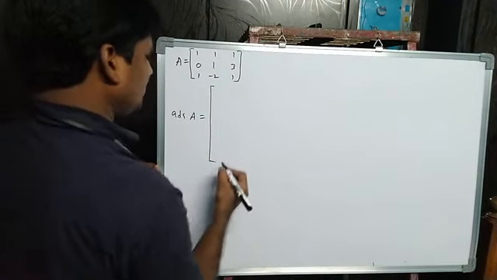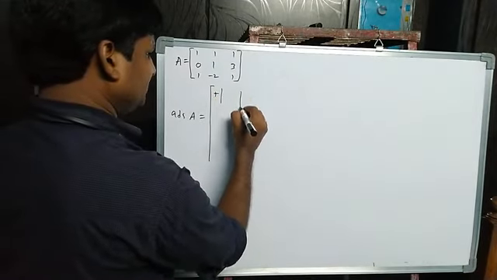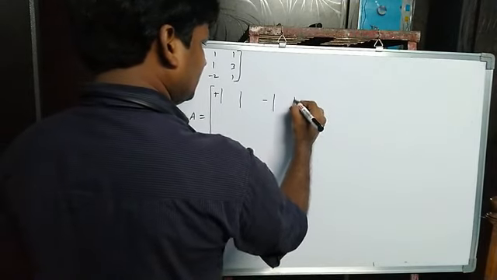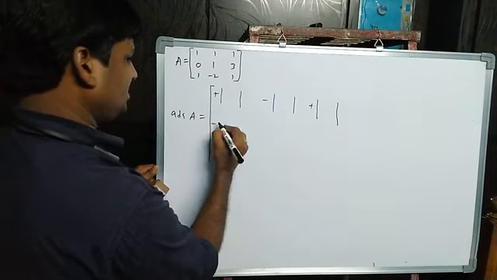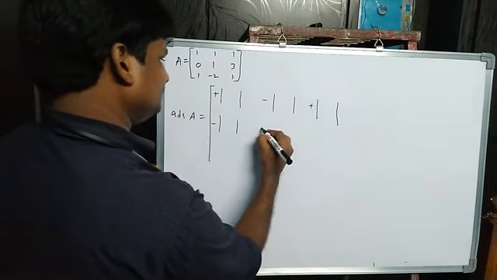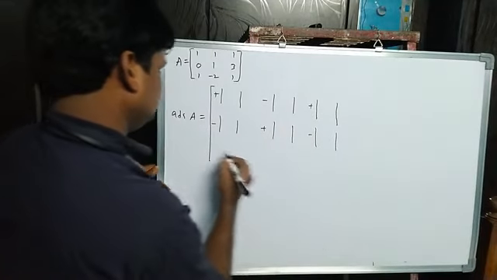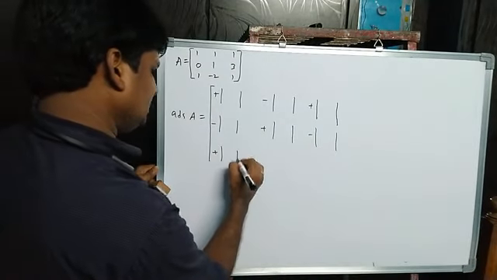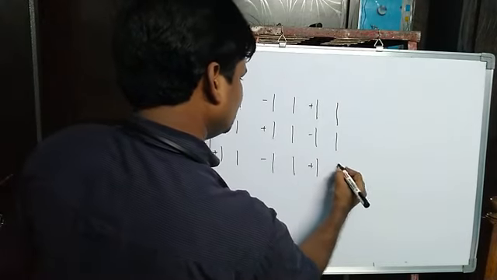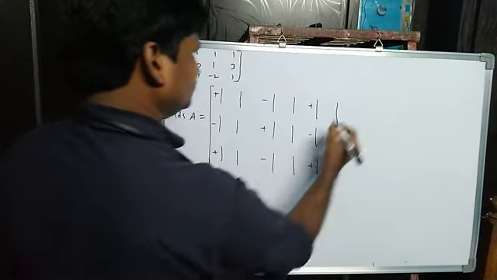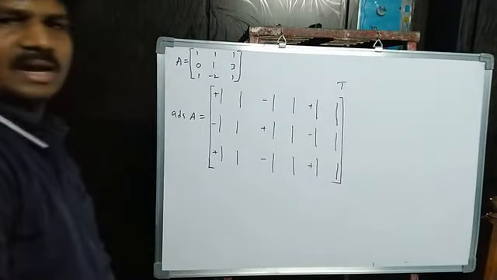I already explained the procedure: plus determinant, minus determinant, plus determinant, next minus, plus, minus, plus, minus, plus. Then it is a transpose.